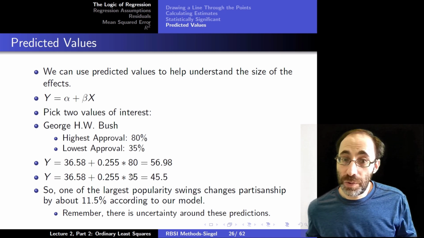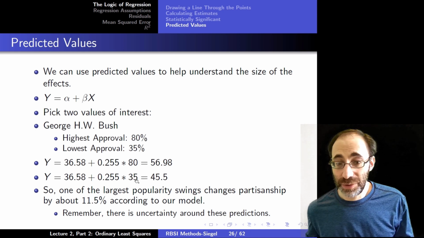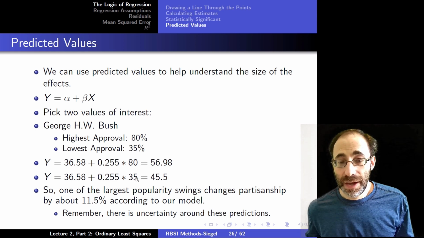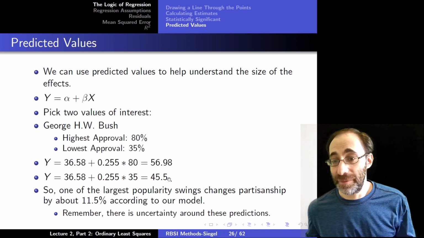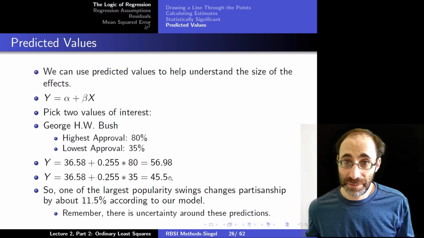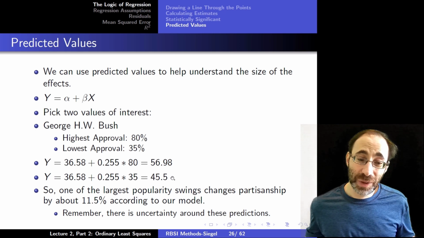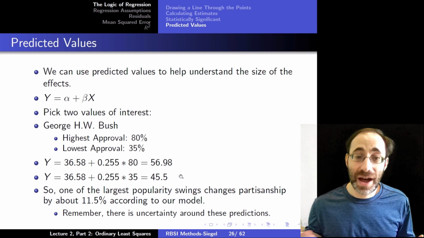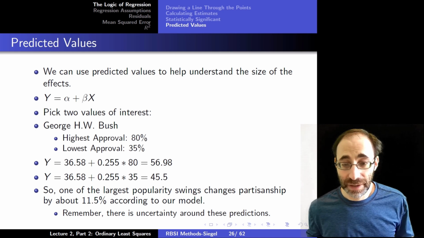In the second case, the low point of approval was 35%, so we do the same prediction, but now we plug in 35%, and we get 45.5% partisanship. So now we have a swing of about 11.5% in partisanship between the low and the highest levels of approval.